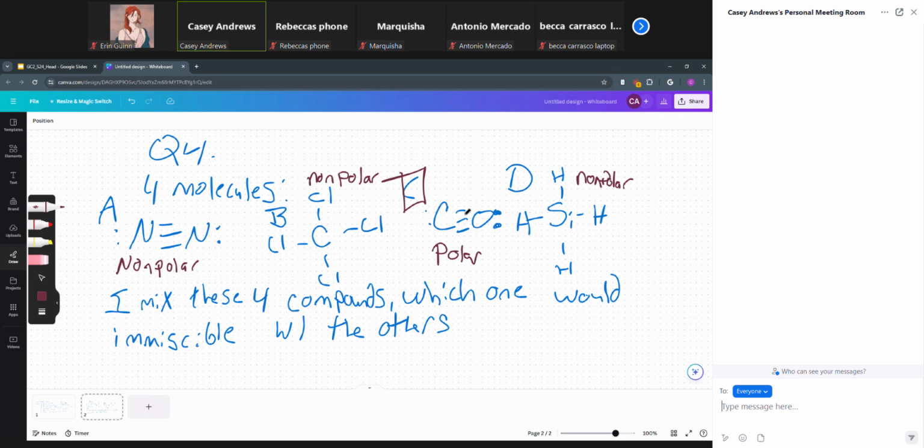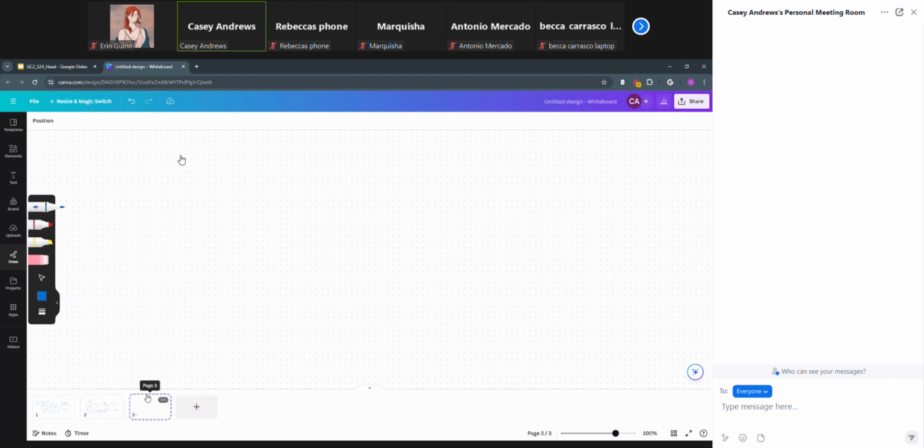All right, so our topic for this chapter is all about intermolecular forces, and specifically what we're going to focus in on is intermolecular forces in liquids. So IMFs in liquids.